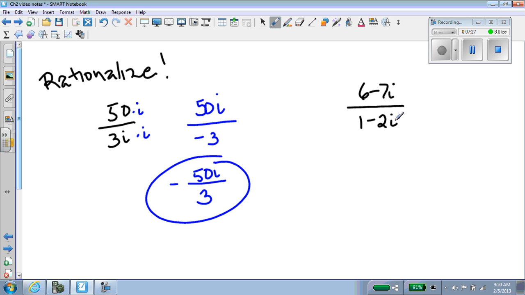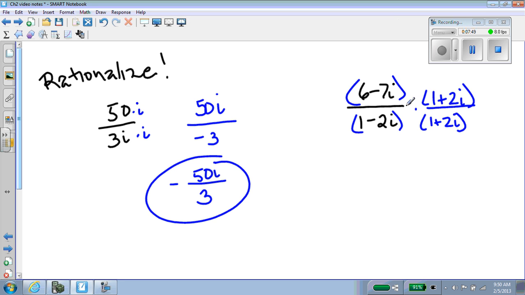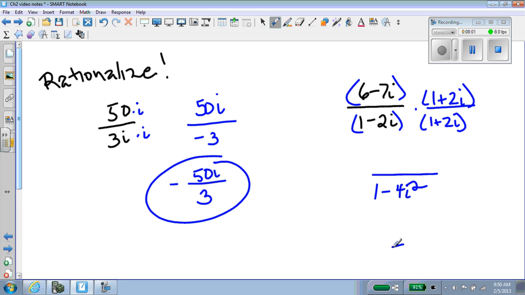Here, we've got a binomial denominator. In order to rationalize that, if I just multiplied by i, it would become i plus 2. What I have to multiply by is the conjugate. Real part stays the same. Imaginary part is its opposite. Okay, so on the bottom, I'm going to get 1 plus 2i minus 2i minus 4i squared. So 1 plus 4, 5.